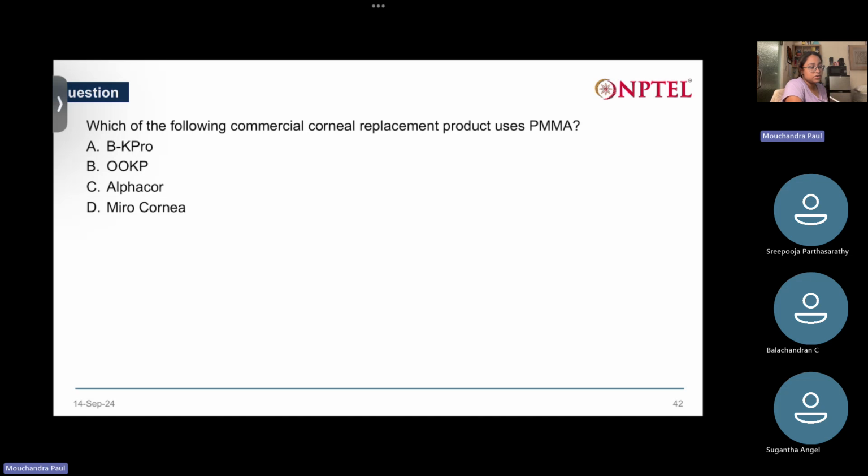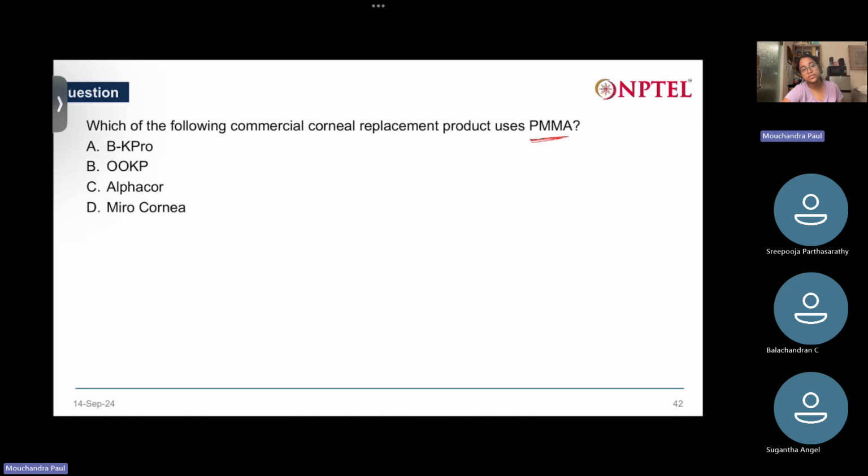This is the last question for today's session. Which of the following commercial corneal replacement products uses PMMA? PMMA is polymethyl methacrylate, a synthetic polymer, and it is hydrophilic in nature so that it can interact with the tear film.